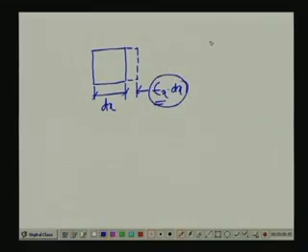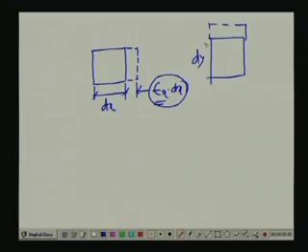Or it can have stretching in the y direction. This length is dy, so this stretching is epsilon y dy, where epsilon y is the strain in the y direction.